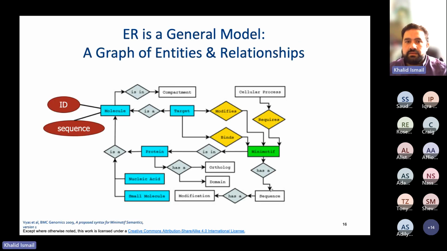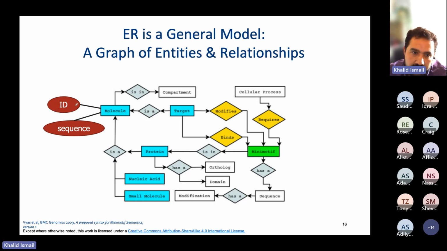Okay, so you can use the ER diagram or ER model to define tables and data models for a complicated problem or complicated model, such as this one here. You can see you have a class or a set of entities called molecule.